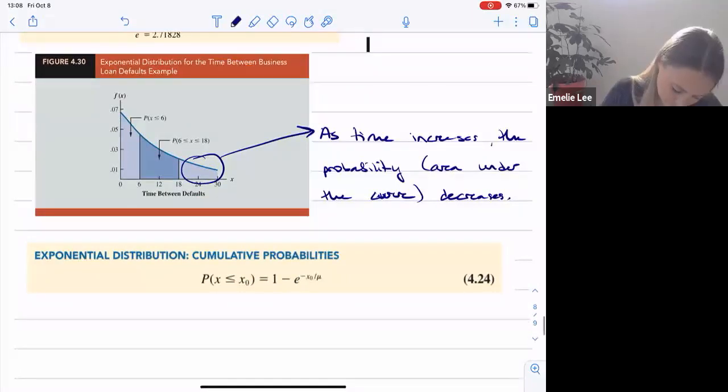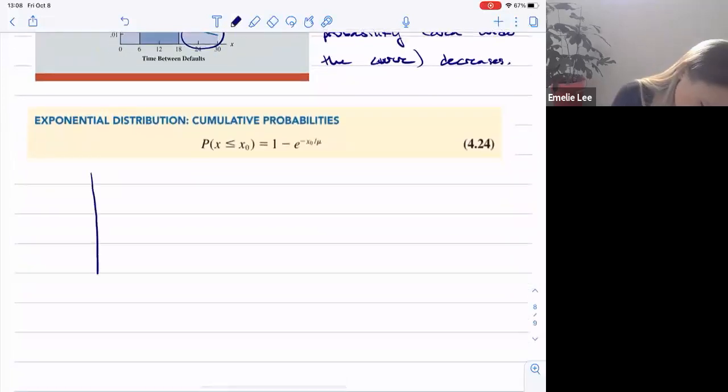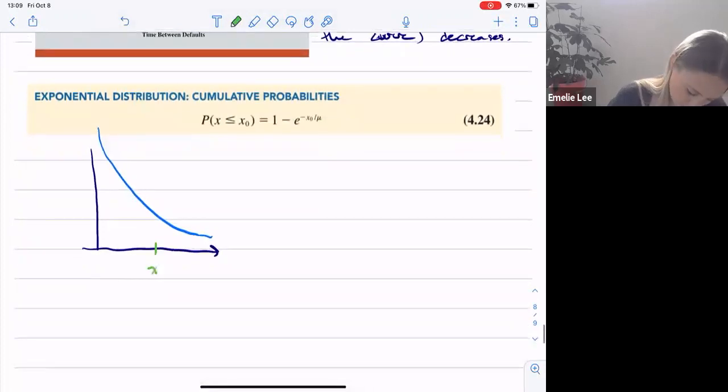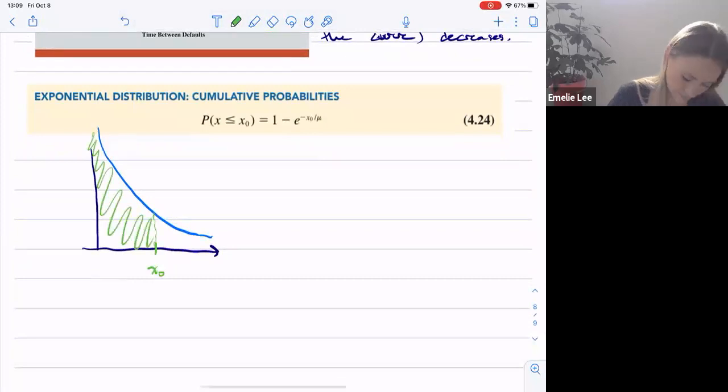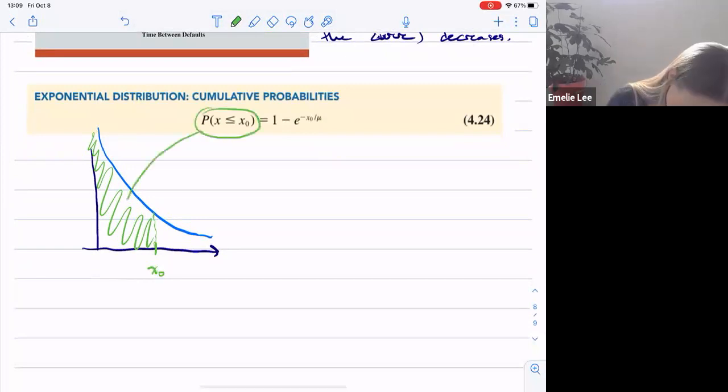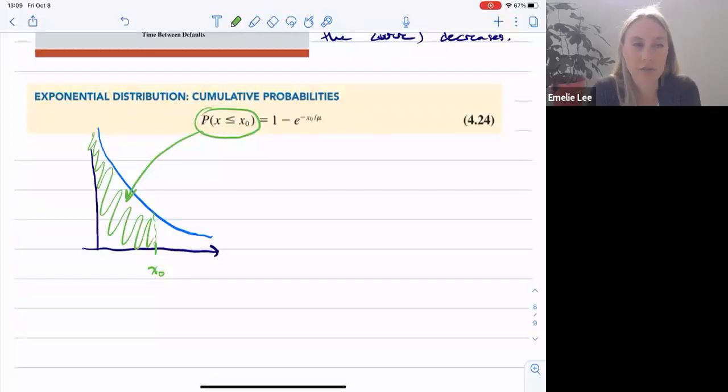This is going to be the area under the curve, maybe this kind of goes like this here, between 0 and some x naught. So that's what that cumulative distribution looks like.